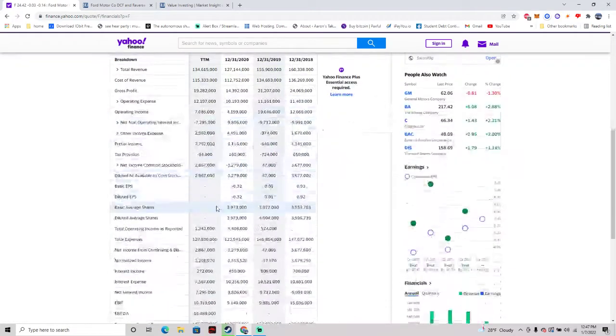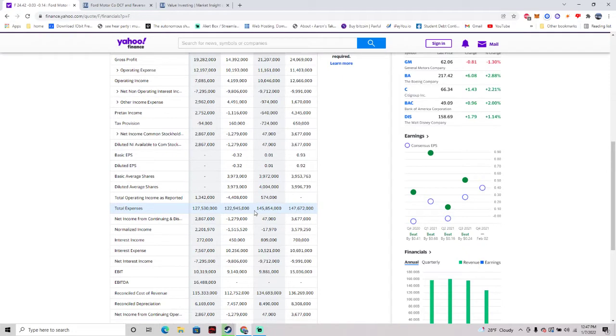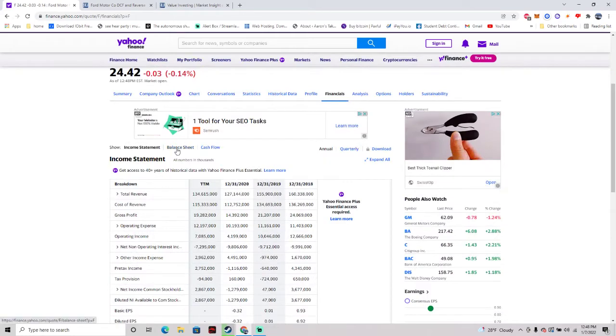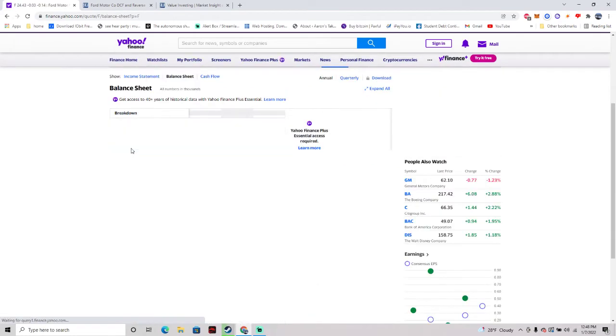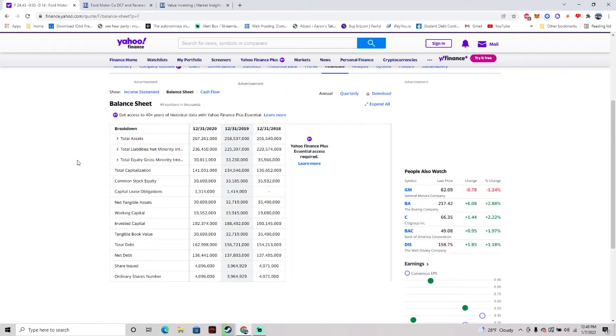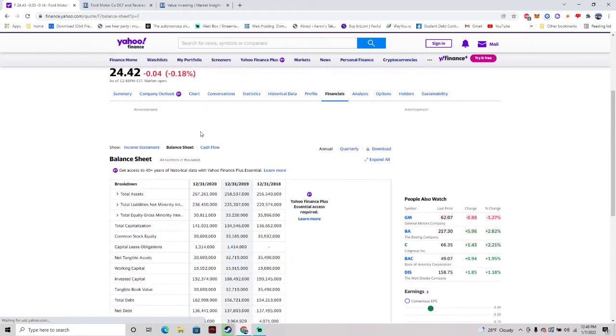So you'd rather just see consistent growth upwards. You don't really like to see this kind of fluctuation, but the entire market's been weird lately with COVID, so it's kind of understandable, but you would like to see consistency in this. But net income really isn't the most important thing. The most important thing is cash flow, but we'll get to that last.